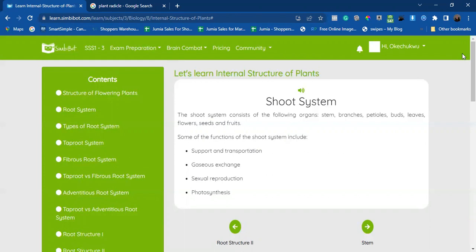All we have done so far is talk about the root system. We've mentioned the three types of roots: the tap root, the fibrous root, and the adventitious root, and we've explained each one of them with their examples. We also mentioned the functions of the root and the different regions or zones in the plant root. So let's move forward to the shoot system.